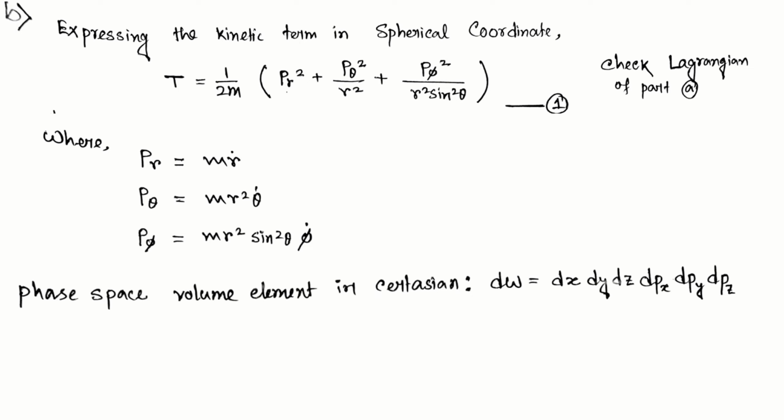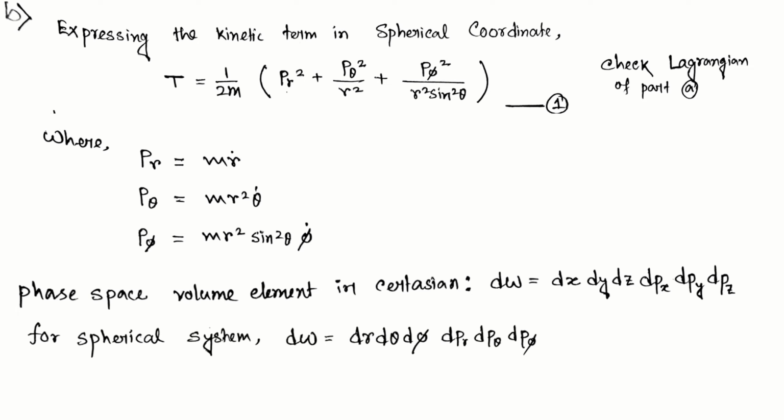Okay, so the phase space volume element in Cartesian coordinates, that is d omega equal to dx dy dz dpx dpy dpz. Similarly we can write for spherical coordinates also. So for spherical coordinates d omega is dr d theta d phi dpr dp theta dp phi.